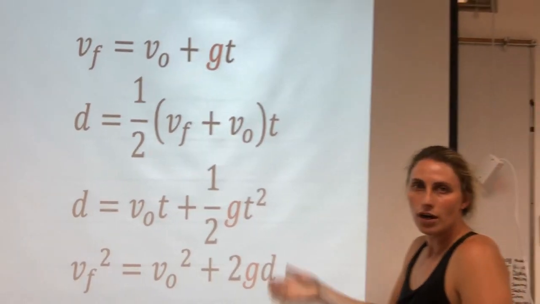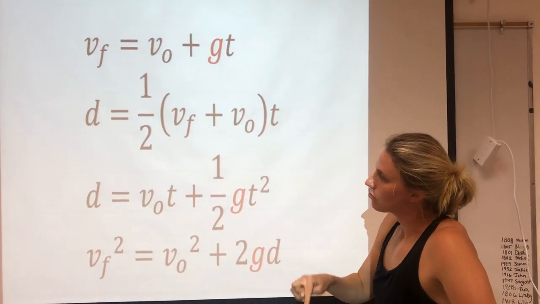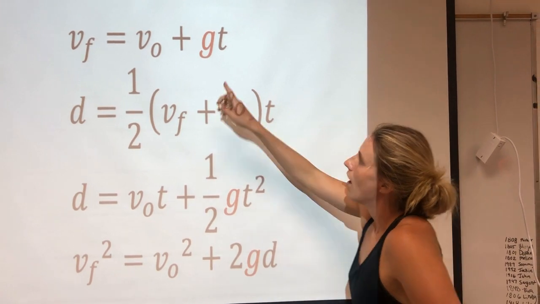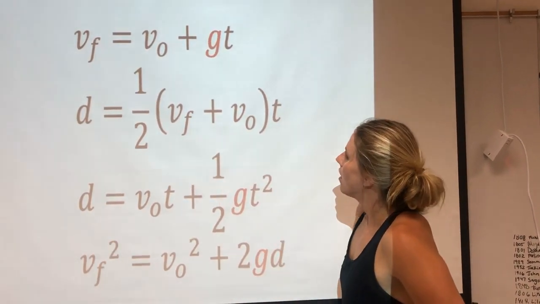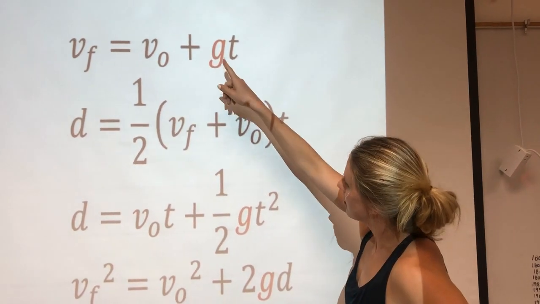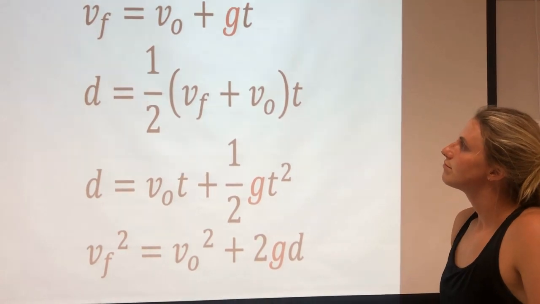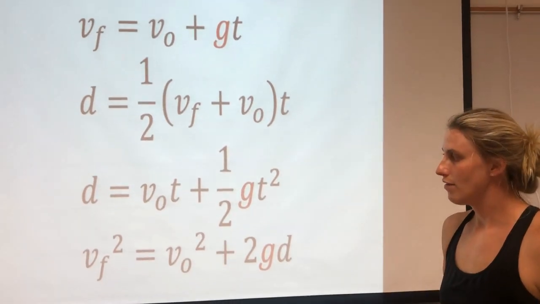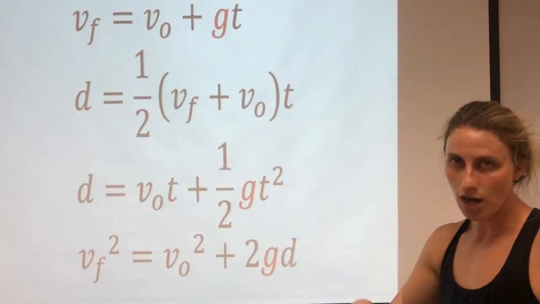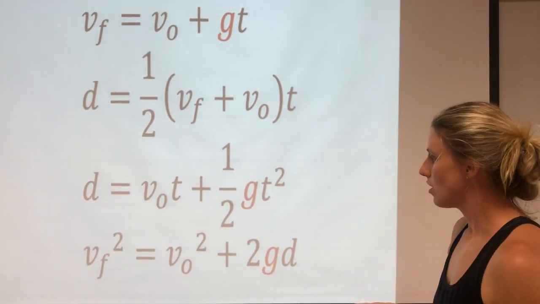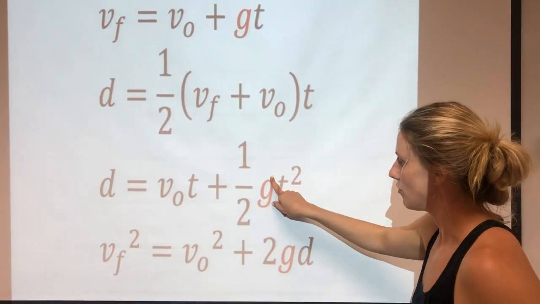And so for our kinematic equations, everywhere that we saw an a for acceleration, we can insert g for acceleration due to gravity when something is falling. So you see here, here, and here we have gravity inserted in.